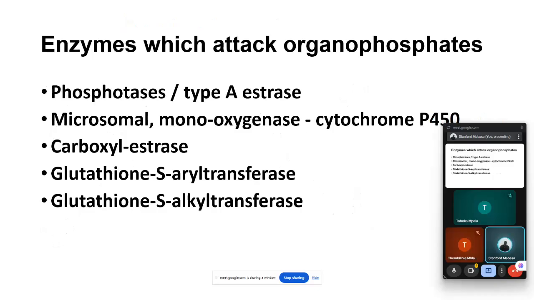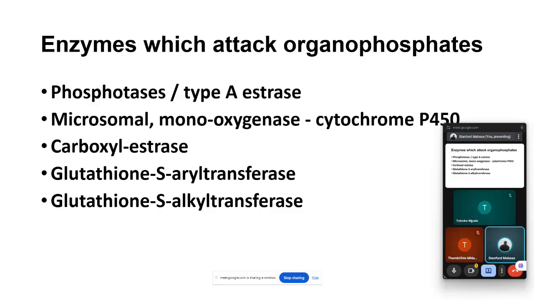There are several enzymes which can attack organophosphates. The first group of enzymes are known as the phosphatases, or type A esterase, or just remember phosphatases. Then you have your cytochrome P450.